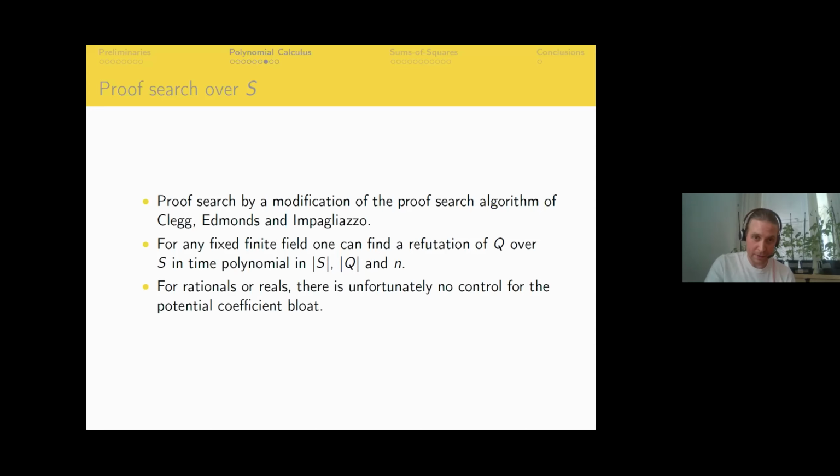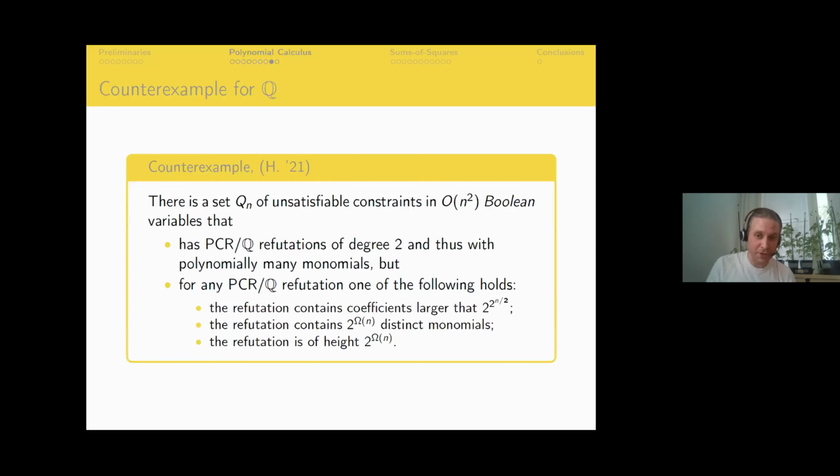And this is not only a potential, but there's a counterexample. So this is even for polynomial calculus resolution. So even in the Boolean realm. So you have a set of unsatisfiable constraints that have degree 2 PCR refutations over rationals, and thus also with polynomially many monomials.